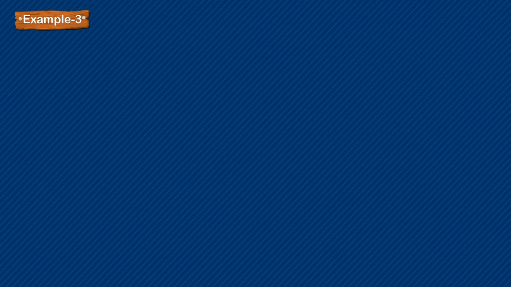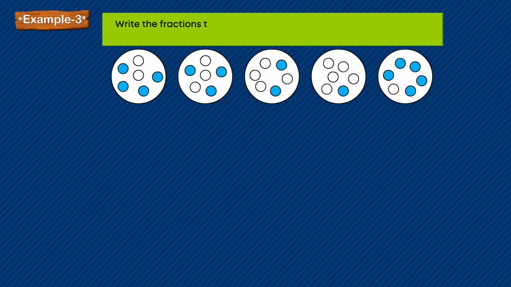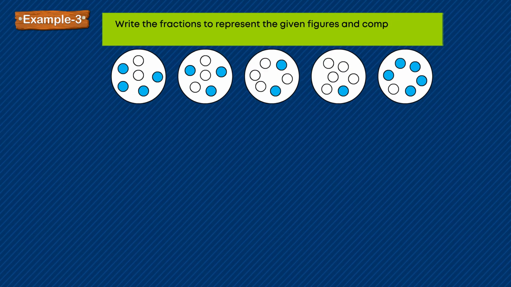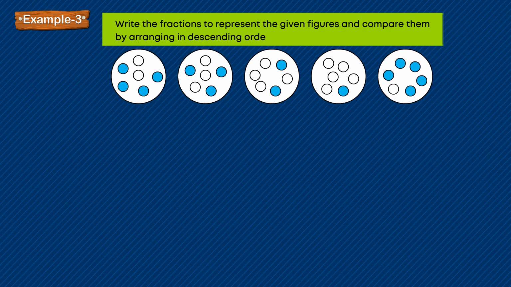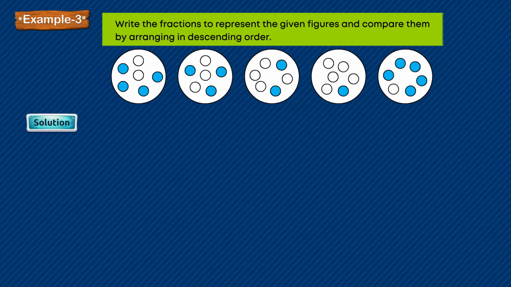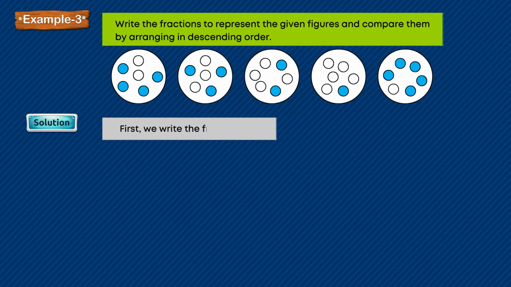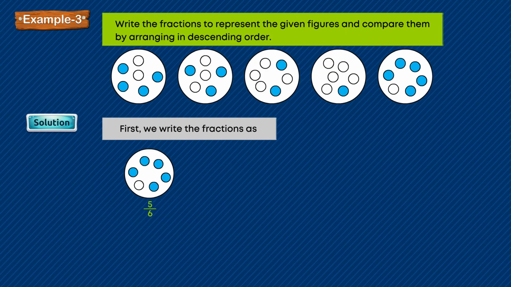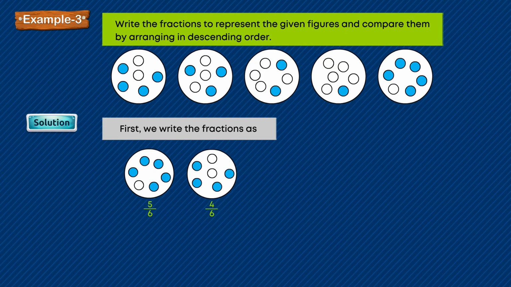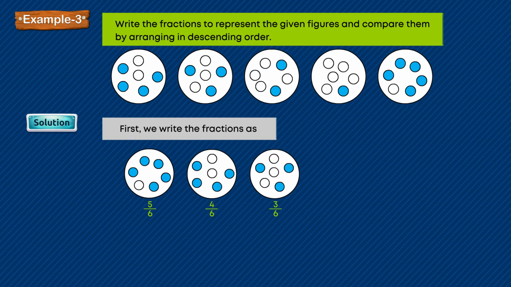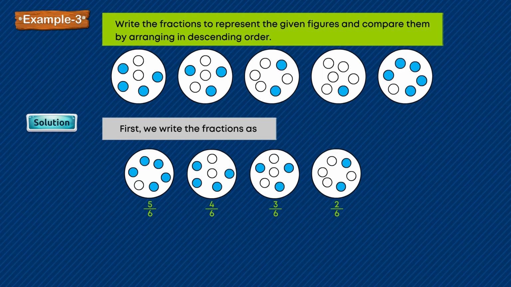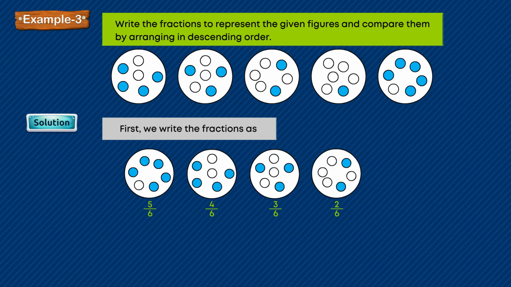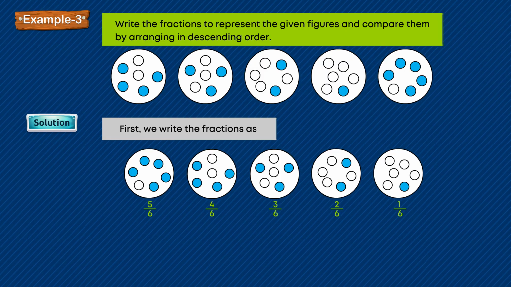Example 3. Write the fractions to represent the given figures and compare them by arranging in descending order. Solution. First, we write the fractions as 5 by 6, 4 by 6, 3 by 6, 2 by 6, 1 by 6.